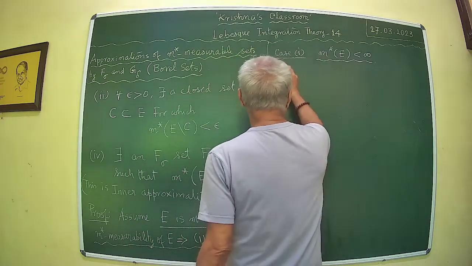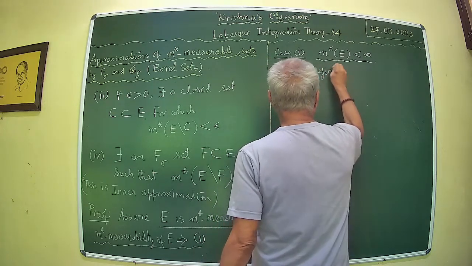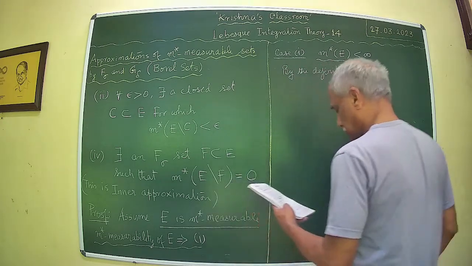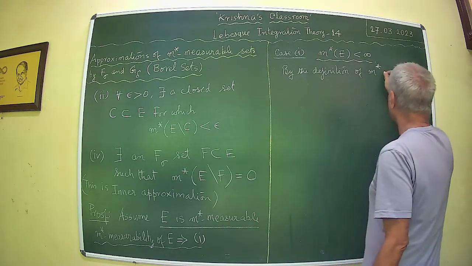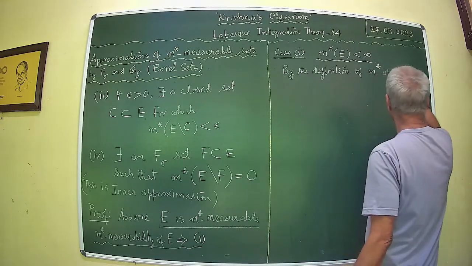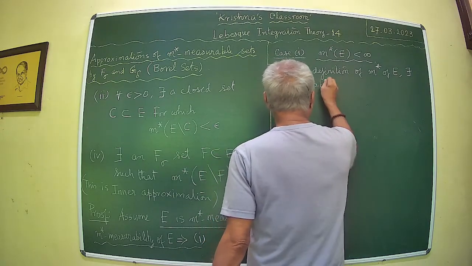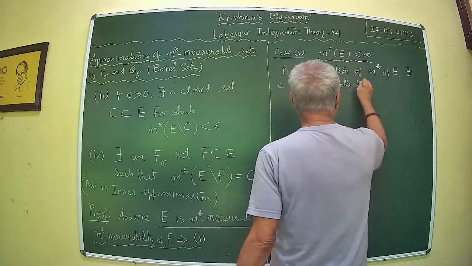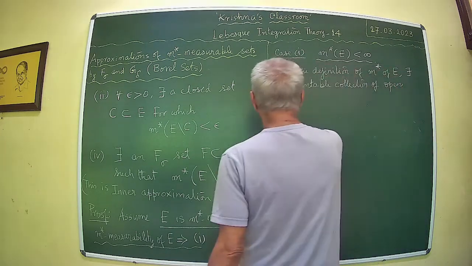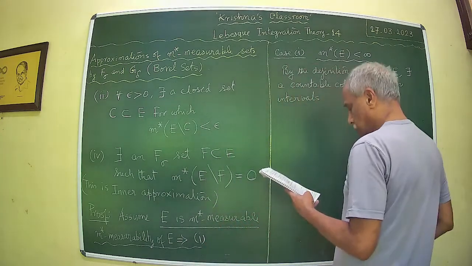By the definition of the outer measure, M star of E, there exists a countable collection of open intervals. That is, you are just using the definition.